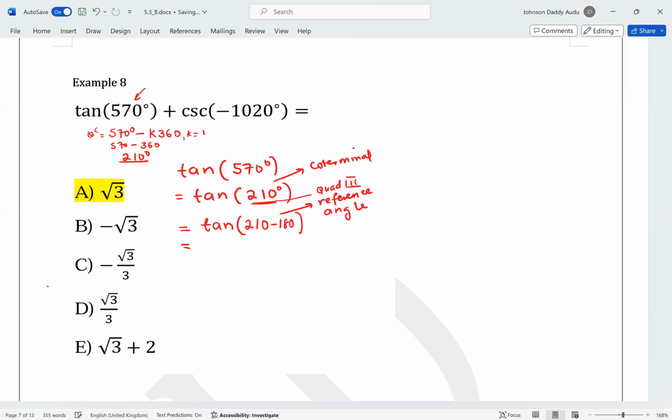And then this will just give us tan of 30 degrees. And what is tan 30 degrees? Tan 30 degrees is just 1 over root 3, right?